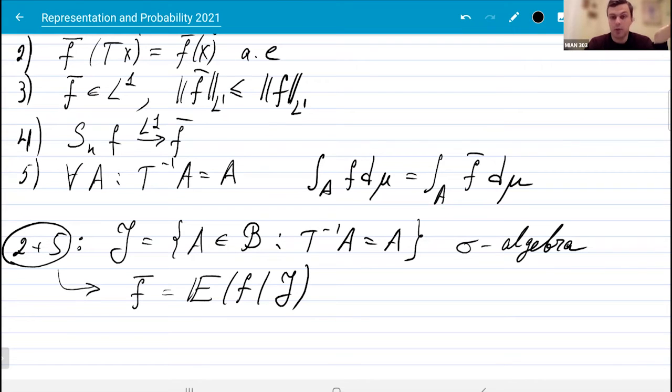And the second part of the definition of conditional expectation is that for any set from our sigma algebra, the integral of f and of the conditional expectation is the same. And this is property number 5 here. So this can be expressed just like this.